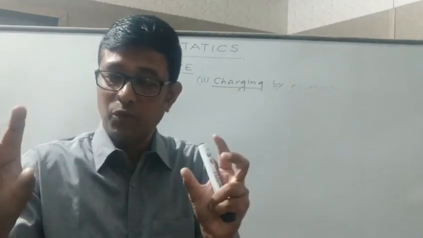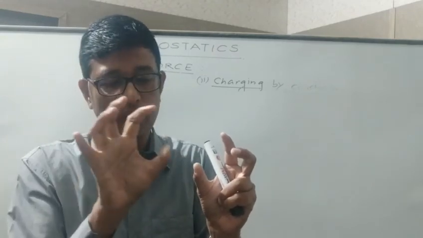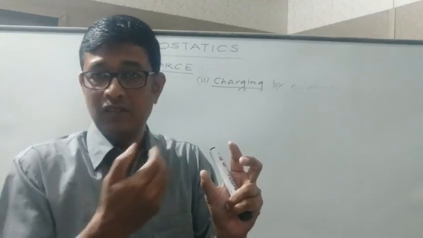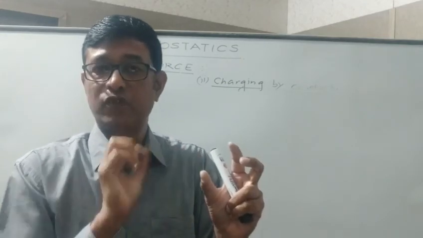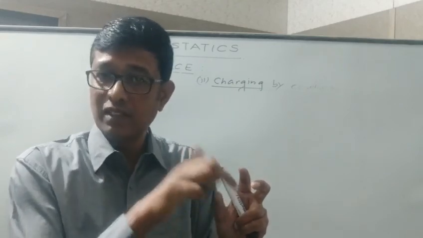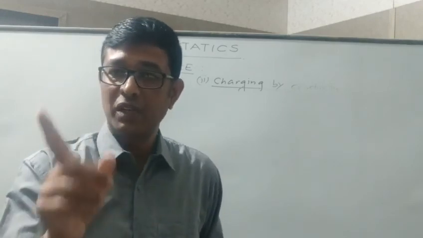So when the charged body is brought in contact with the uncharged body, not rubbed, just simply brought in contact, the charge tends to get shared at the point of contact. As a result, this uncharged body will acquire similar charge to that of the charged body. So that's charging by conduction.